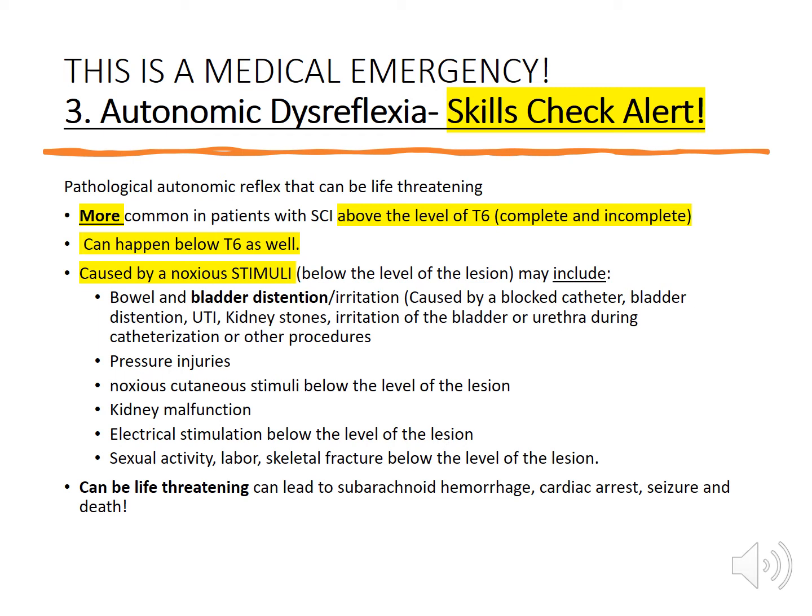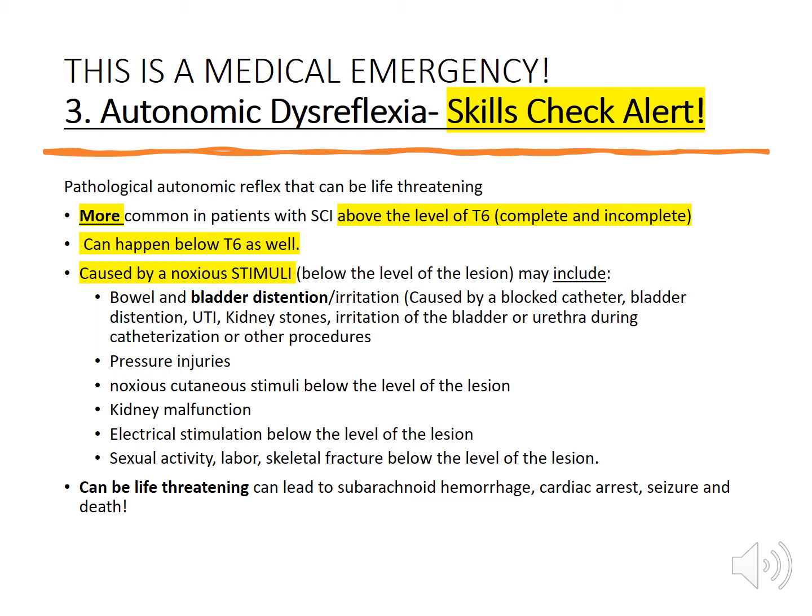It can also be caused by pressure sores below the level of the lesion. Any noxious cutaneous stimuli below the level of the lesion, what that means is any restrictive clothing. If the patient has on some compression stockings that are just too tight, they may elicit autonomic dysreflexia.